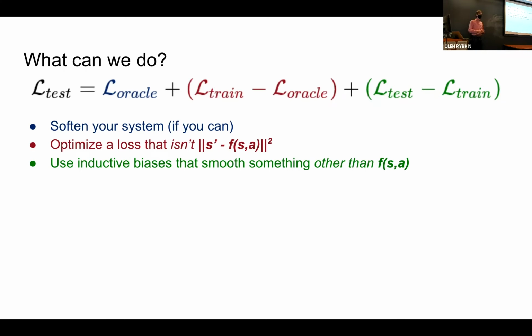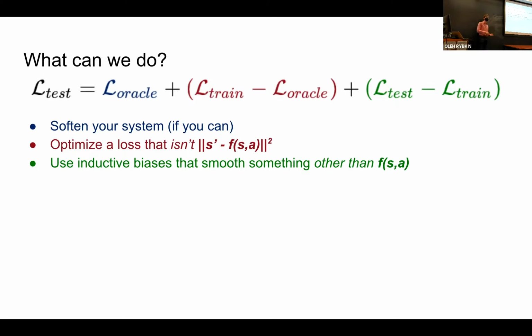But if you're trying to solve very general problems, say in manipulation, where you're going to be interacting with possibly rigid objects, and those rigid objects are going to be interacting with each other, to some extent you have to resign yourself to the difficulty that's inherent to the task. So what about the ones that we can change? Well, to change the training process, one option is to change the loss that you're using to be something other than naive prediction loss.